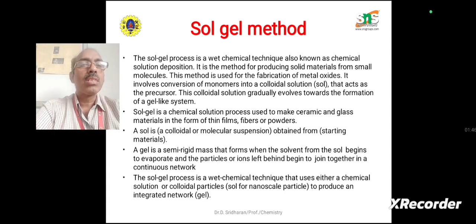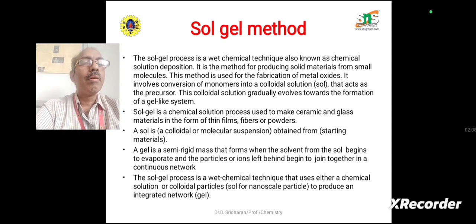The sol-gel process is a wet chemical technique, also known as chemical solution deposition. It is a method for producing solid materials from small molecules. This method is used for the fabrication of metal oxides like zinc oxide and magnesium oxide.